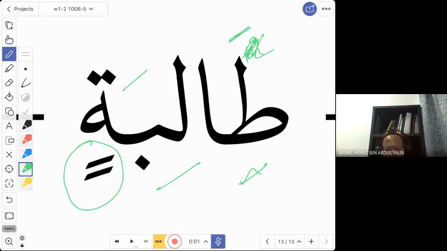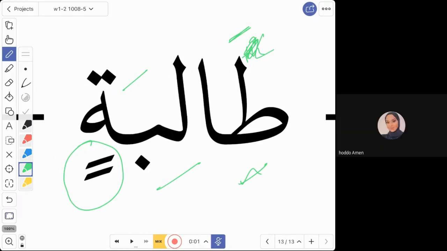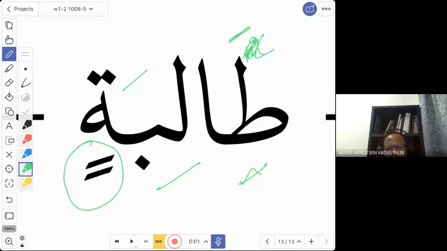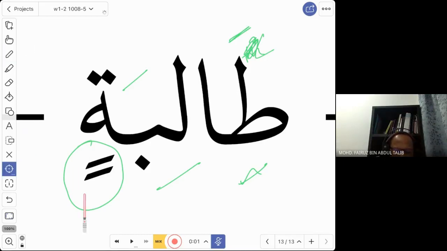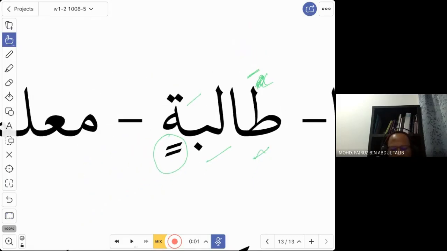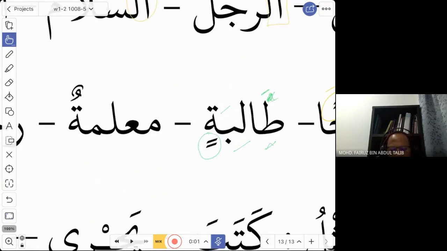Talib is a student, a female student. By looking at the meaning, of course, student, it is an isim. But assuming that you do not know the meaning, then you look at this symbol, the tanwin. By looking at the tanwin, you know this must be an isim, a noun. Talibatin.